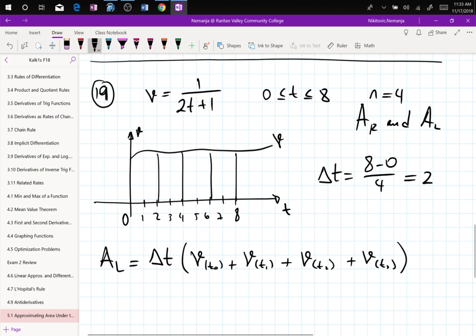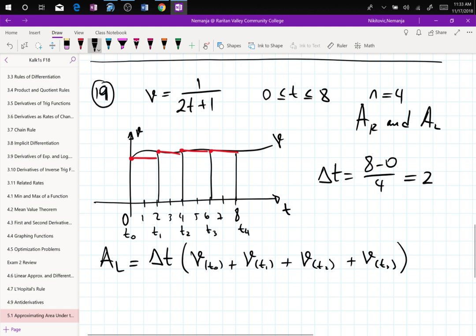This is your t0, t1, t2, t3, and t4. If you take a look at the left rectangles, the left rectangle is right there. Those are the red ones. So you are using the left point to draw the rectangle, therefore you are using the left side to compute the height of the function, so t0 for the first rectangle.